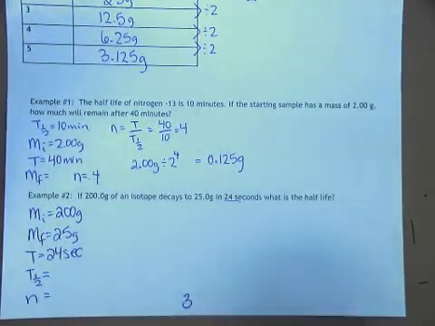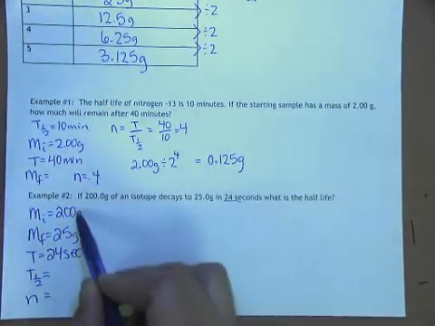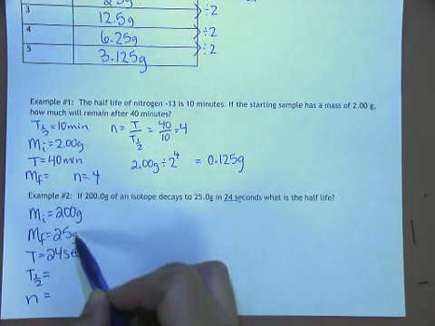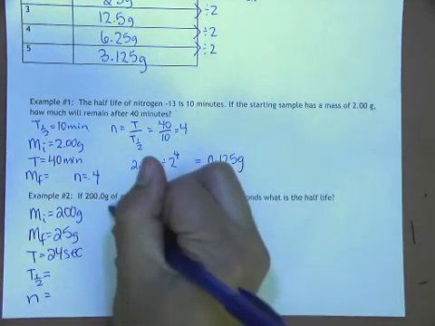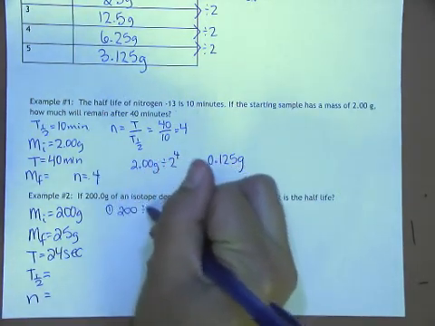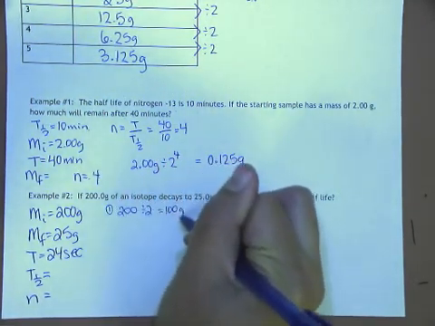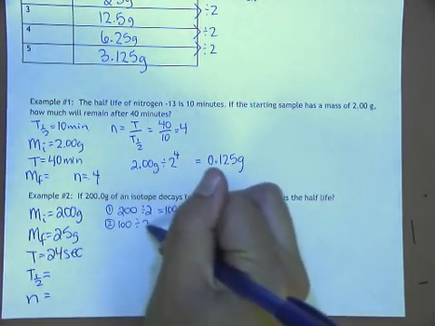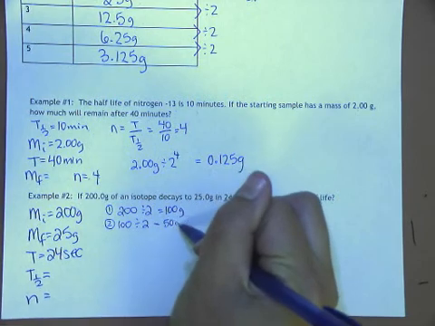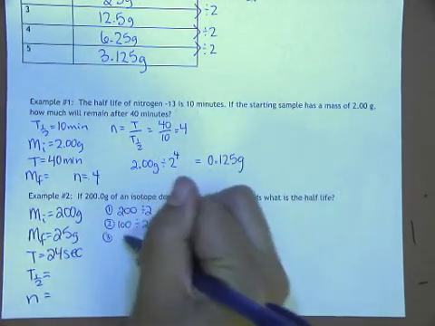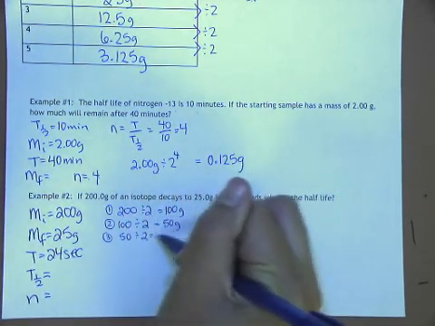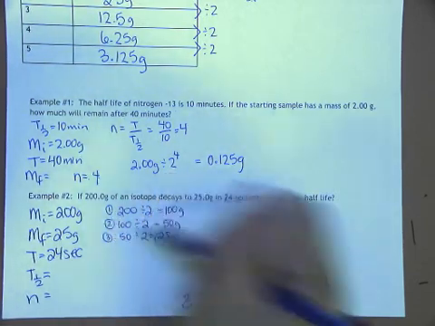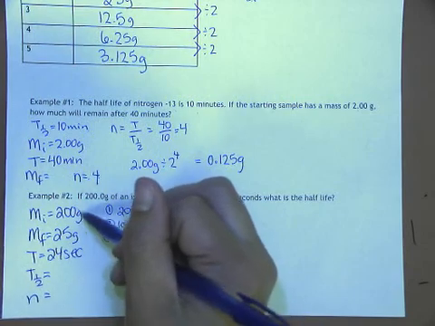Starting with my original amount of 200, I need to know how many times it got divided by 2 to get to 25. My first one, 200 divided by 2 is 100 grams. Not what I want. So I do it again. 100 divided by 2 is 50 grams. And again, 50 divided by 2, 25 grams. That's what I want. So it took 1, 2, 3 half-lives to get from 200 to 25.